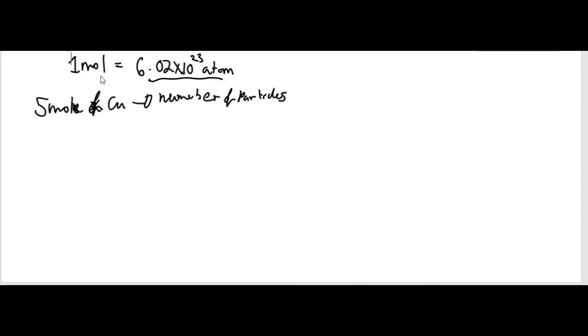For every 1 mole of copper, there is 6.02 times 10 to the 23rd atoms. So since we have 5 moles, we have to multiply it by 5.